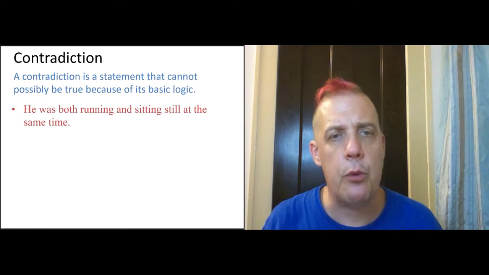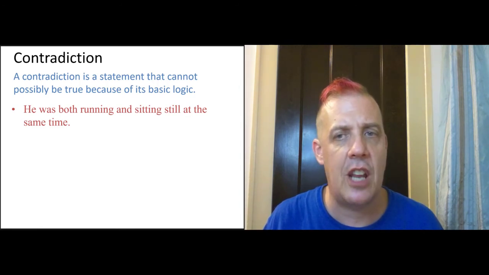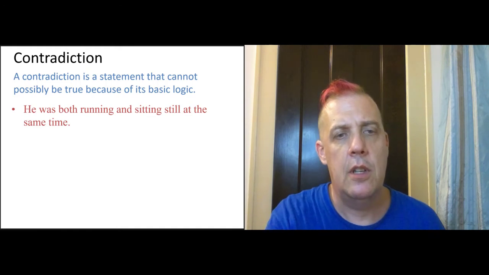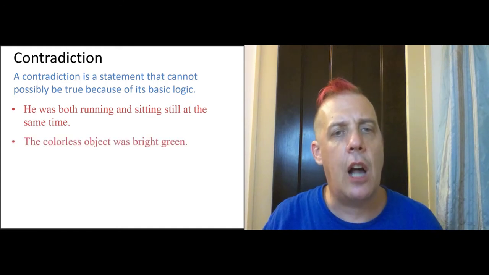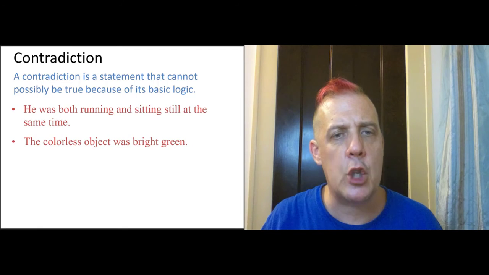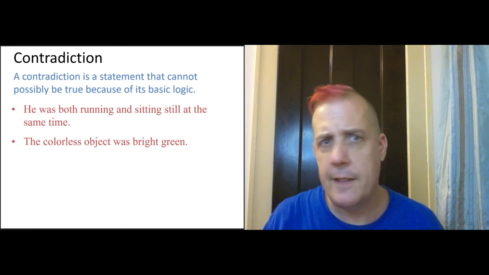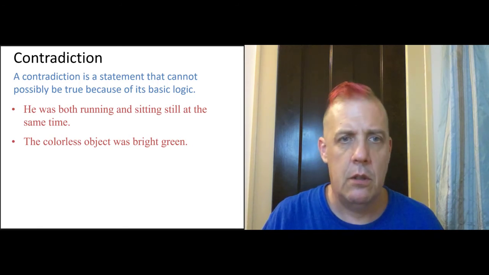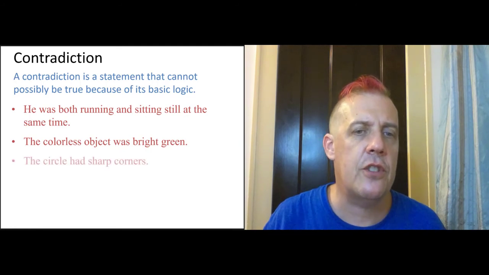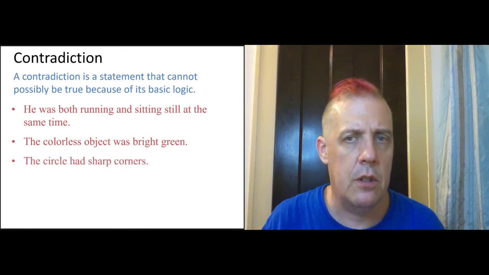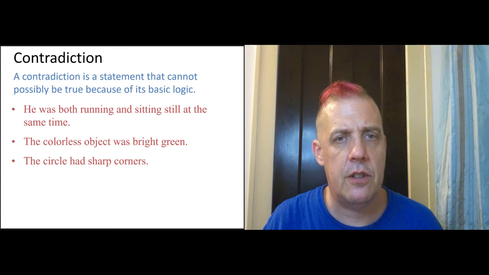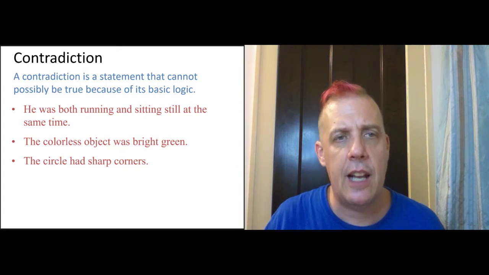You can't both run and stand still at the same time. If I say the colorless object was bright green, that's a contradiction. If I say the circle had sharp corners, that's a contradiction. These are statements that simply cannot be true because of their logic.